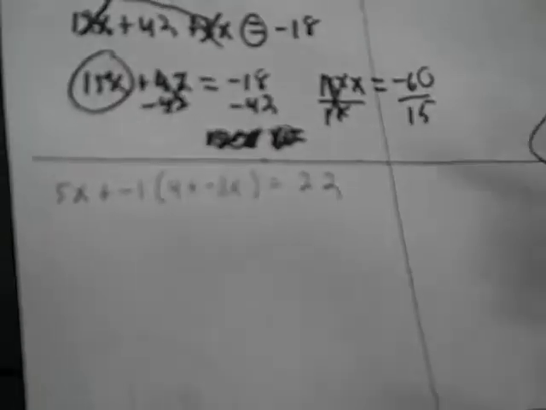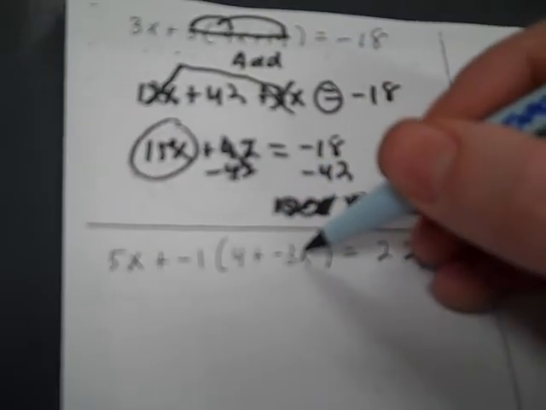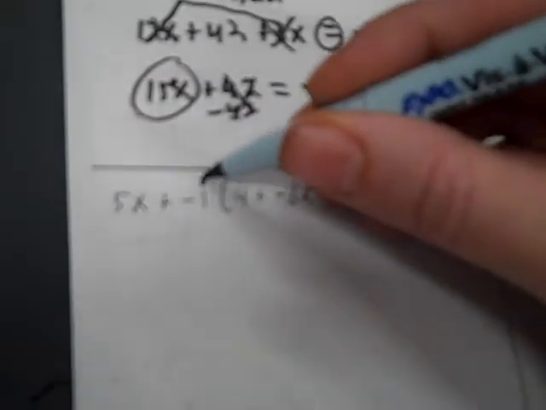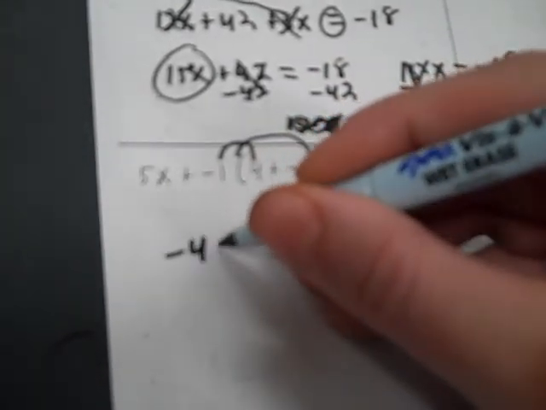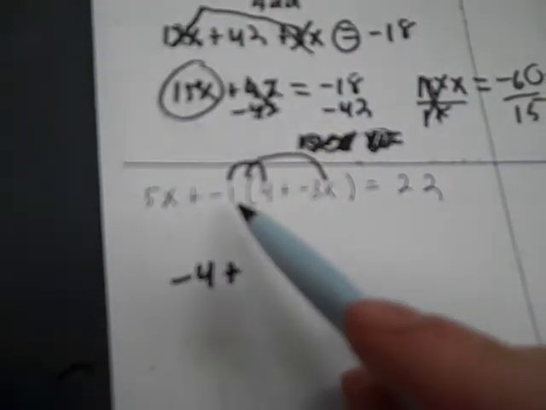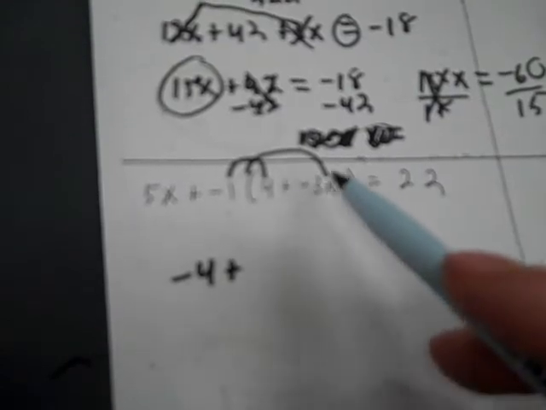Next problem, finding what the x equals. 4 plus negative 3x with a negative 1 outside. So I take negative 1 times 4. That's negative 4 plus, and then I take negative 1 times negative 3.